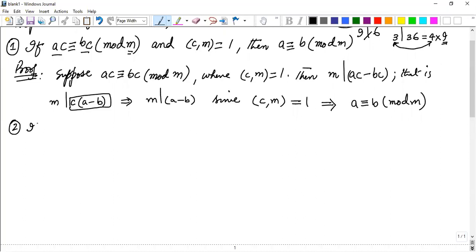So if AC is congruent to BC modulo M and the GCD of C and M is not equal to 1, so this is D, but this case is valid for 1 as well. That's why it's called the generalization.